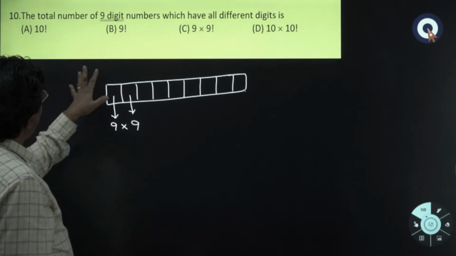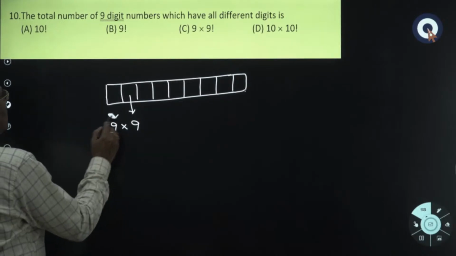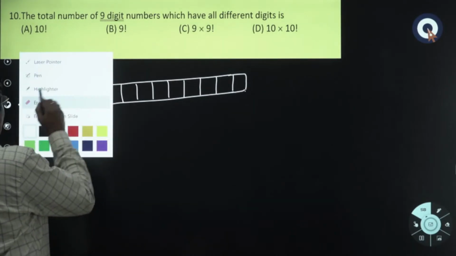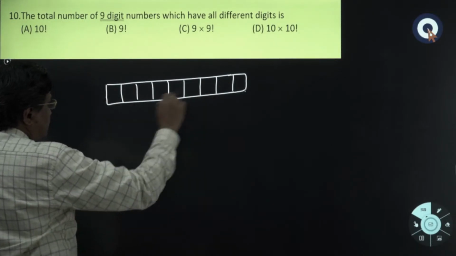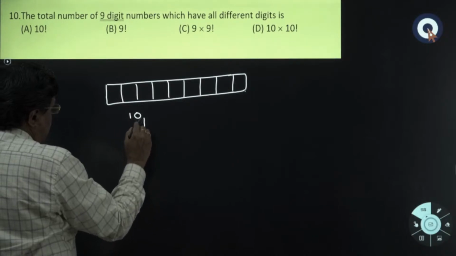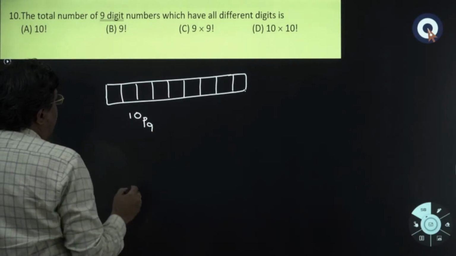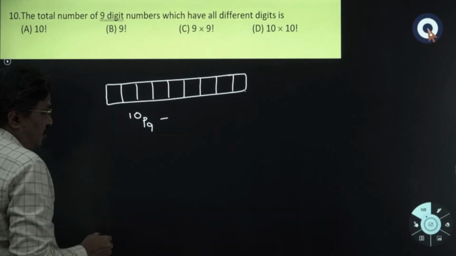the total number of 9-digit numbers which have all different digits, all right. So if all the digits have to be different, it is a question of filling up of 10 positions, 10P9. 10P9 contains the cases where 0 comes in the first place. So how many numbers have 0 in the first place?